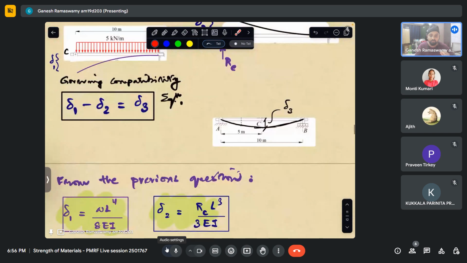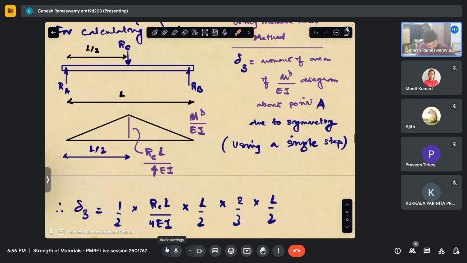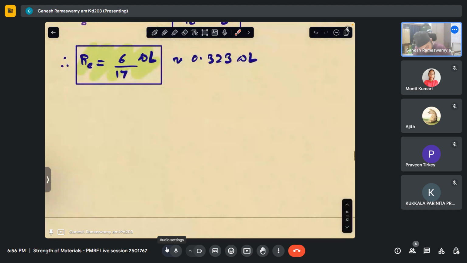What I mean to say is, I did not differentiate between these L's and this L. I took these to be the same, but in actuality, this is the length of the second beam, and these are the lengths of the first beam. So, all right. RC from here comes out to be 6 by 17 into 5 into length, which is 10.